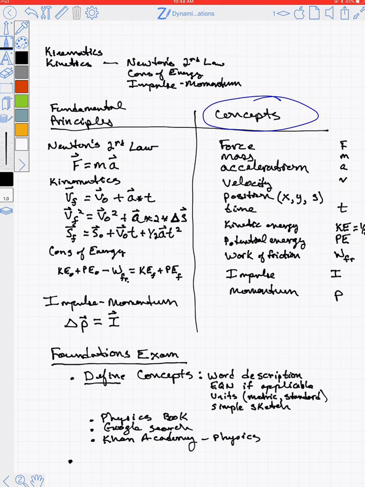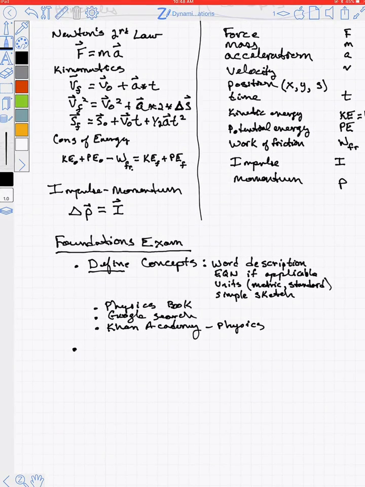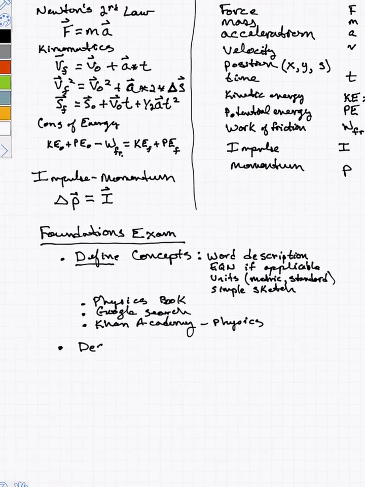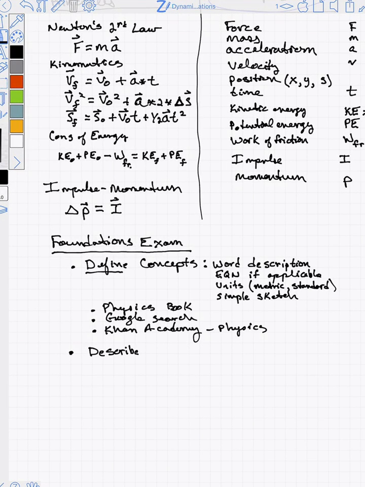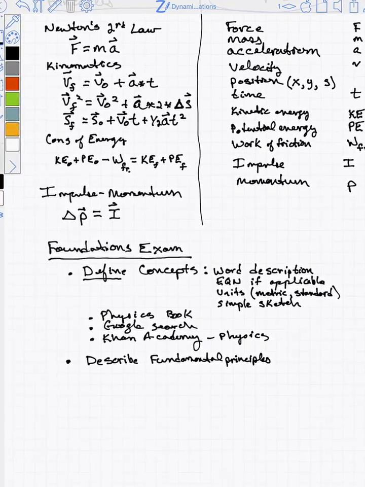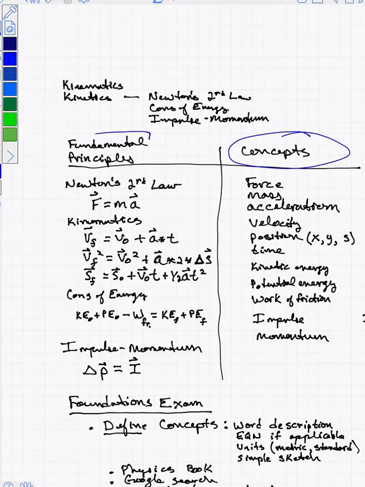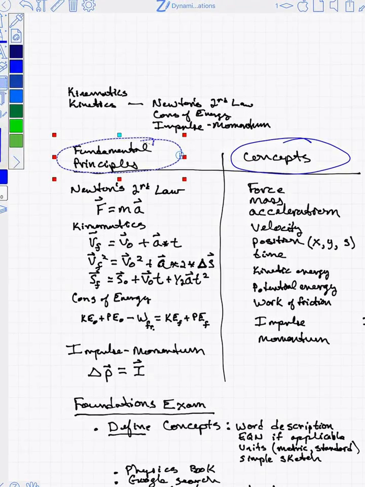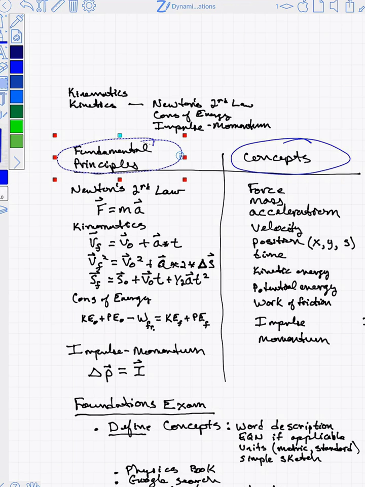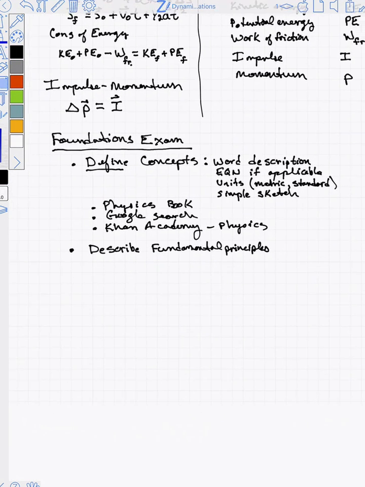In addition to define concepts, what we're going to ask you to do is to be able to describe the fundamental principles. Now, the fundamental principles, that's this list of 5 principles. And what does describe mean?